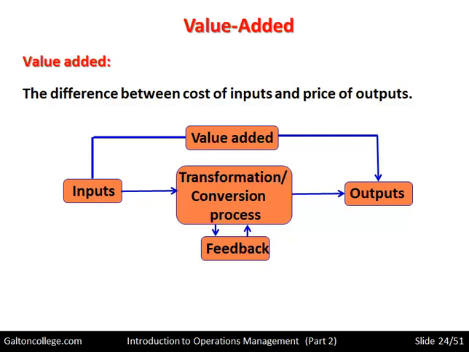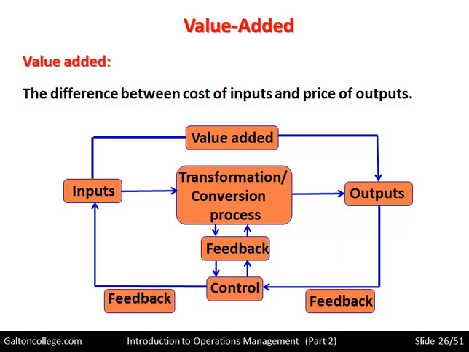So that feedback can go back into this transformation process, and operations management will be able to work on the feedback to further improve the efficiency of the system. And that feedback enables control. The feedback is looked at by operations management, who will try to control the system in a way that gets over any problems.